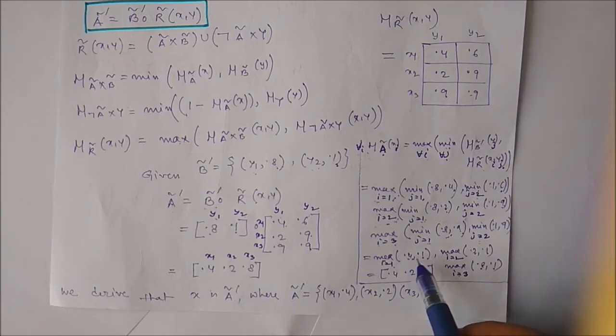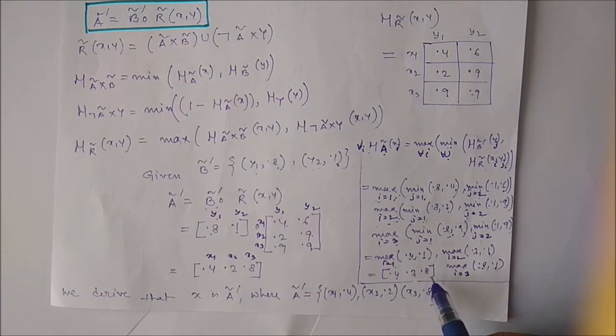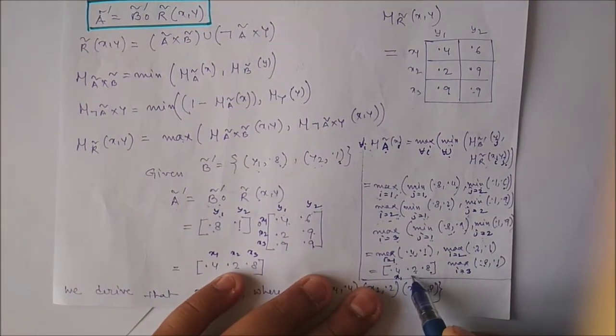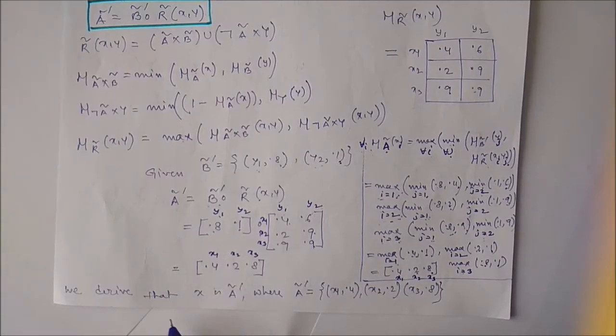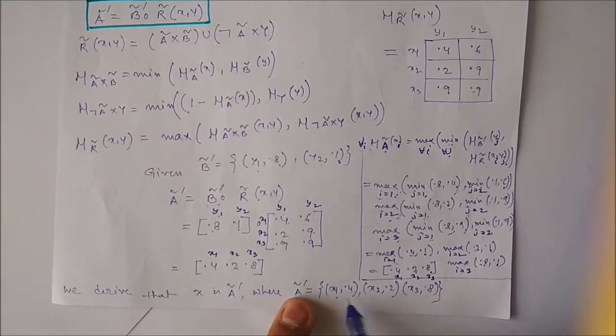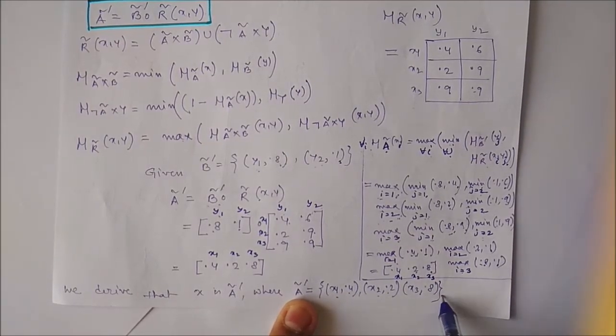So the maximum between 0.4 and 0.1 is 0.4, between 0.2 and 0.1 is 0.2, and between 0.8 and 0.1 is 0.8. These are the membership values of the elements x1, x2 and x3 of the fuzzy set A dash. So we derive that x is A dash, where A dash is the fuzzy set over x1, x2, x3 with membership values 0.4, 0.2 and 0.8.